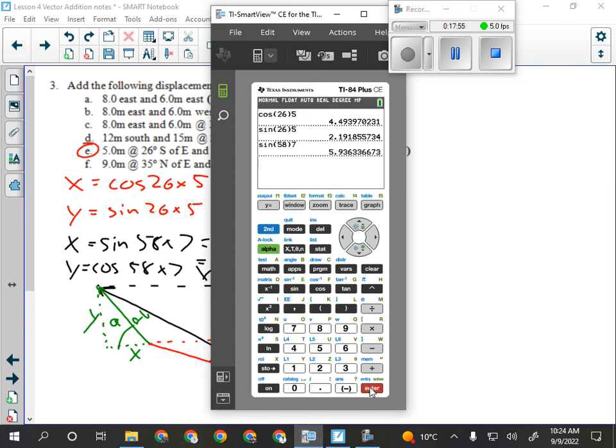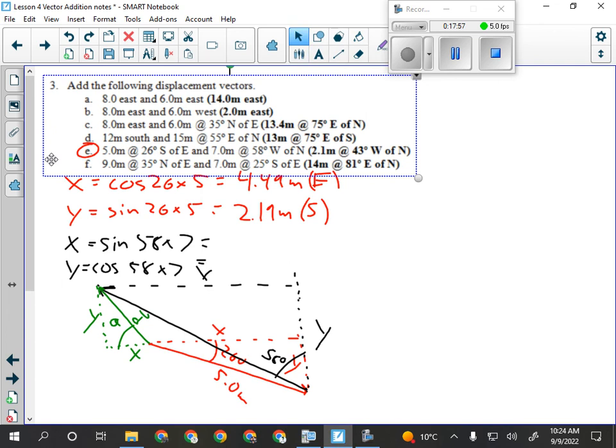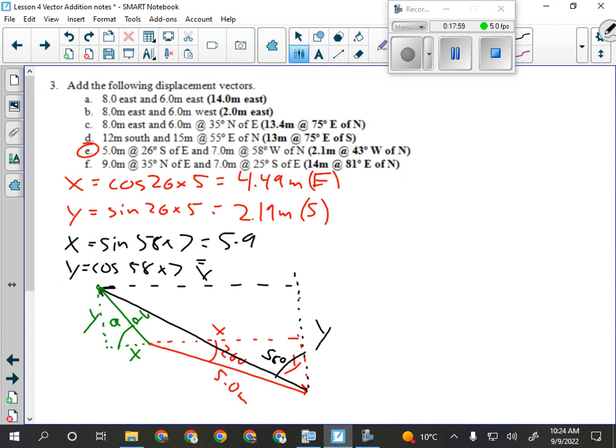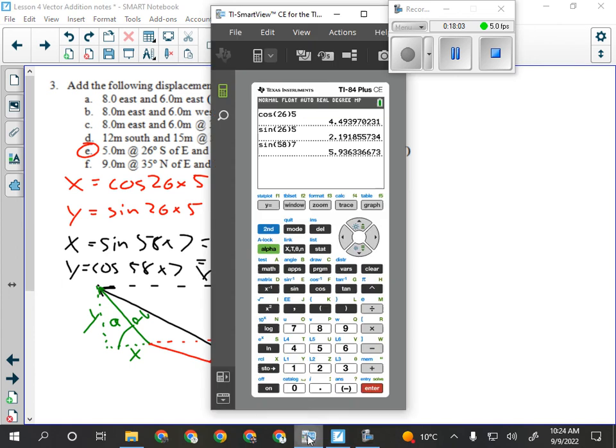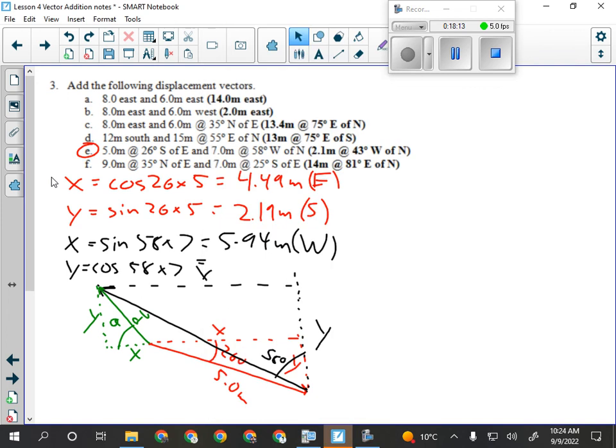And so 5.94 meters west, and 3.71 meters north.